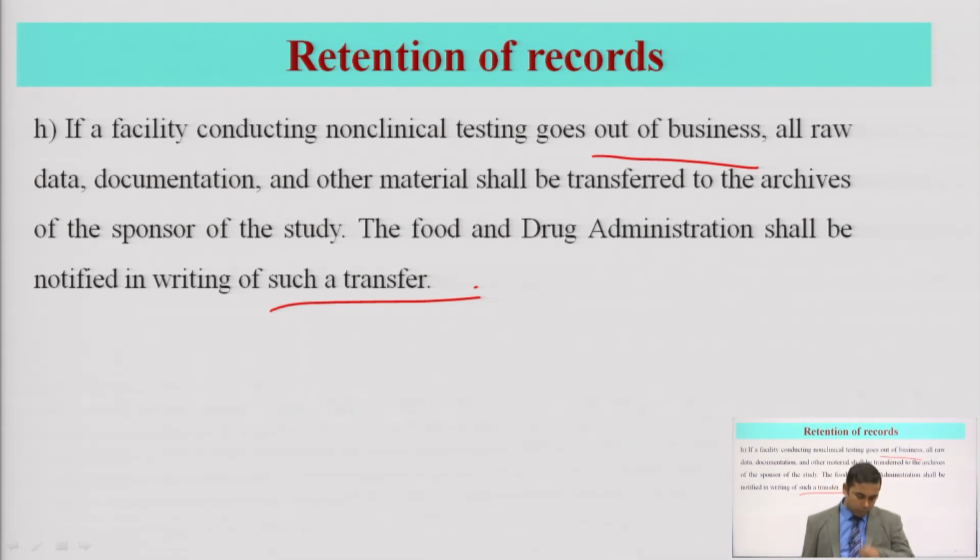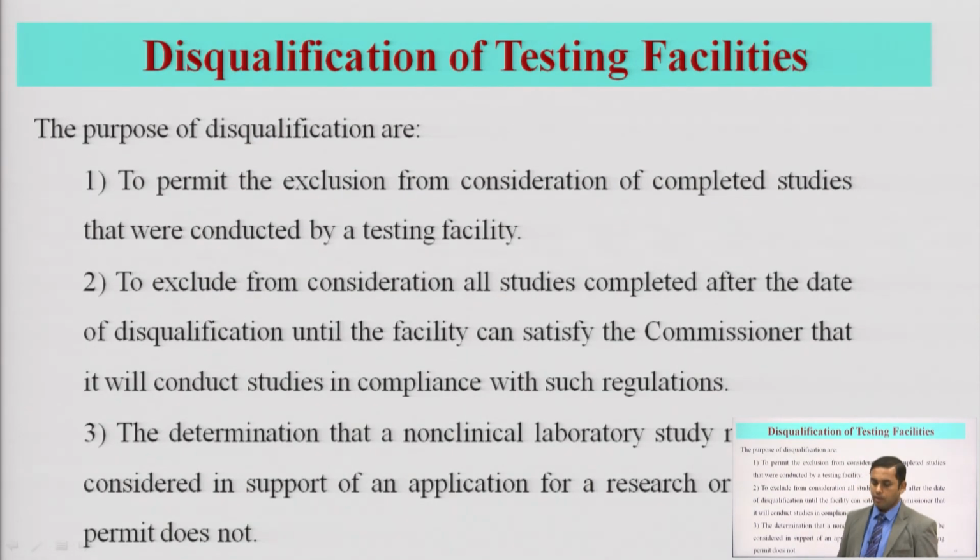For example, you started your work with an anti-cancer project, but now you are shifting your entire work to a new disease, a new kind of work. In this scenario, you will have to inform the FDA, because ultimately the FDA is the authority. After doing your entire work, the FDA will give you the approval. So, you will have to tell the FDA.